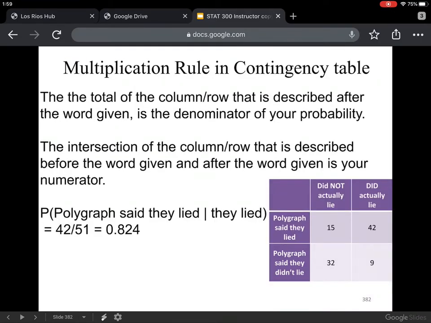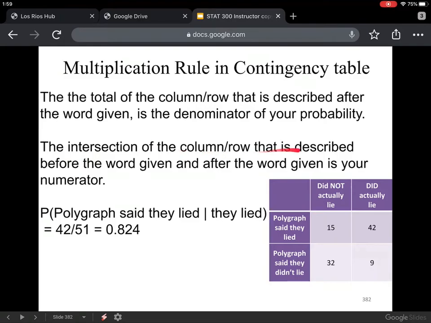0.824. Here's maybe a second page to this. The total of the column and row that is described after the word given is the denominator of your probability. So the total of the statement after the word given is your denominator. So 42 plus 9 was 51.